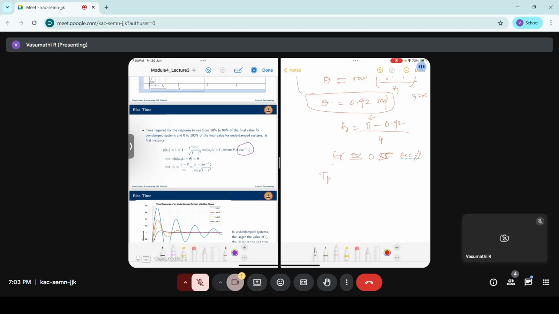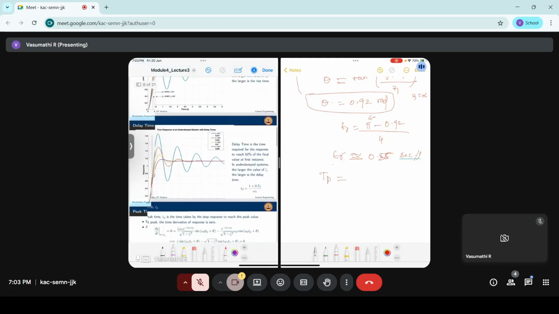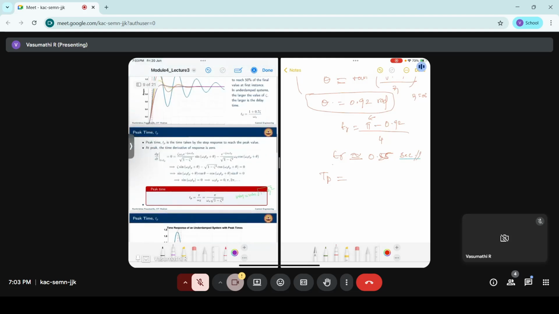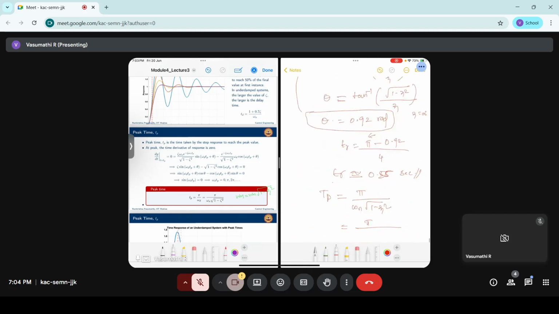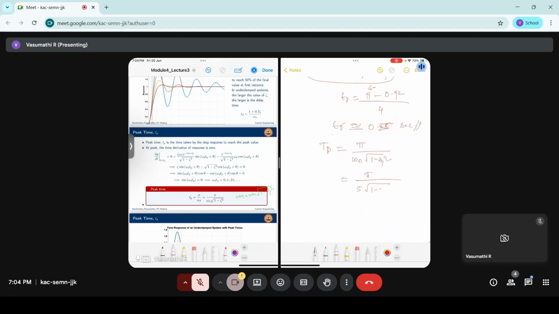Second thing is peak time. So the peak time would be, here is the formula, pi by omega n root of 1 minus zeta square. Oh, we haven't calculated this before. Just fit in that omega n, what you have found, 5, right? So 5 into root of 1 minus 0.6 square. If you solve this, you will get the answer.